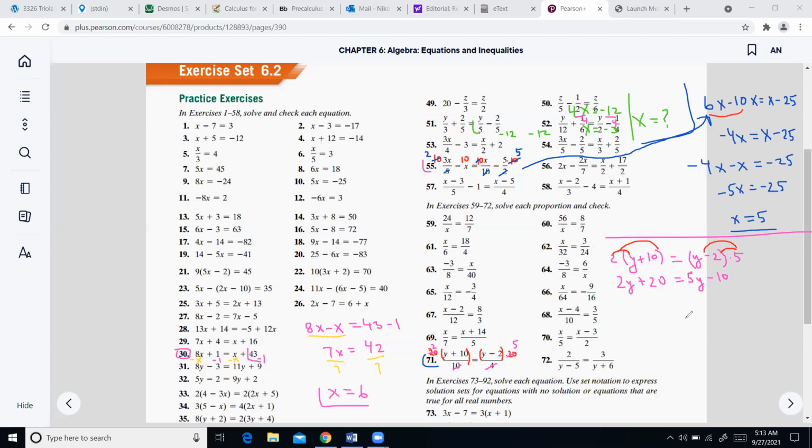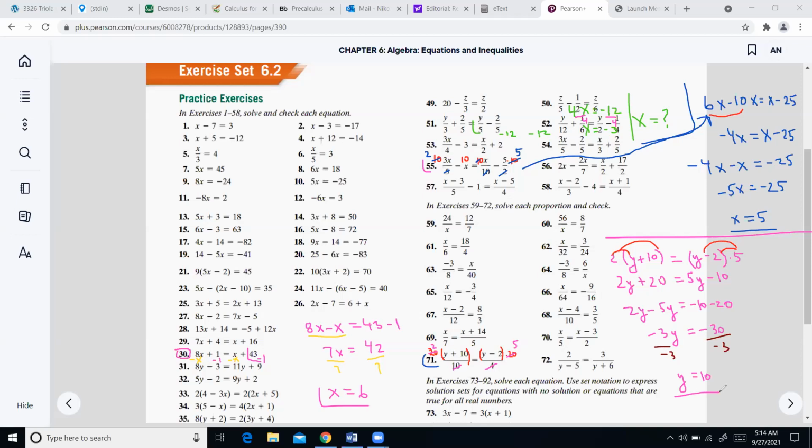So we again bring the y's over to one side, so I subtract 5 from 2, and on the right side I'm going to bring the negative 20 over. So we end up with negative 3y, which is equal to negative 30. And then we divide by negative 3 on the left and the right side, and end up with a nice answer that says y is equal to 10.